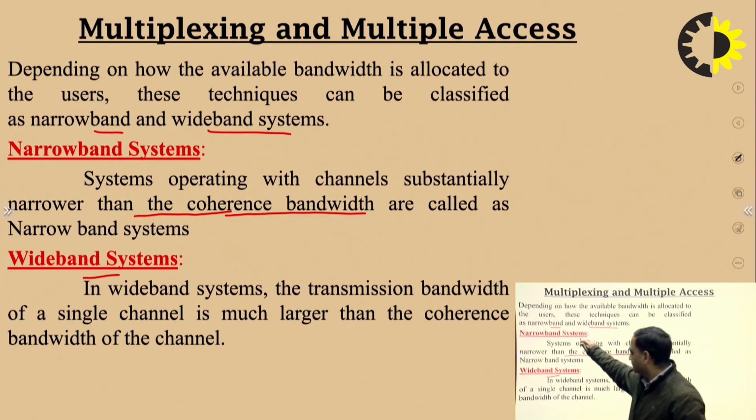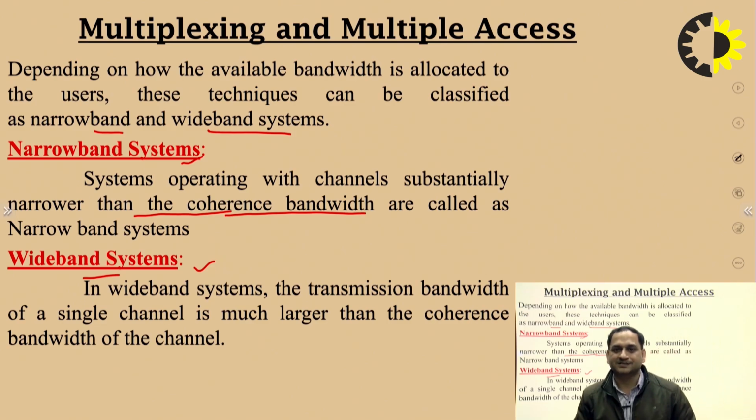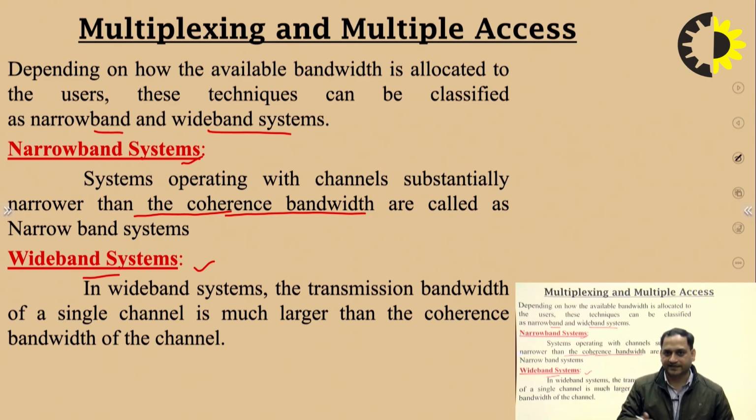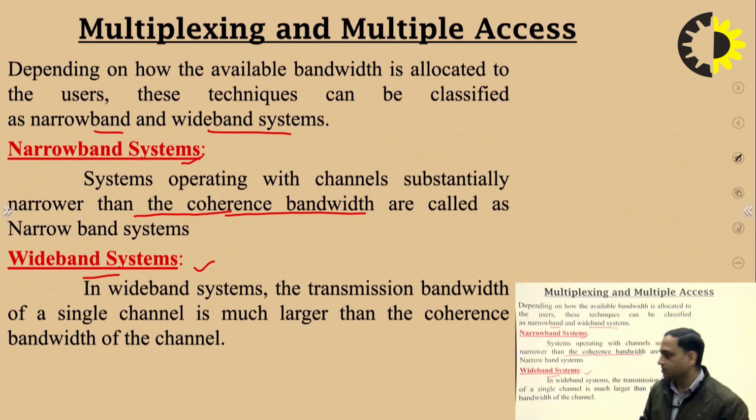As we categorize the narrowband and wideband systems, based on these two categories we use different multiple access techniques or multiplexing techniques. In brief, the multiplexing technique is taken care of by the system at the transmitter side, while the multiple access technique is a network level concept.